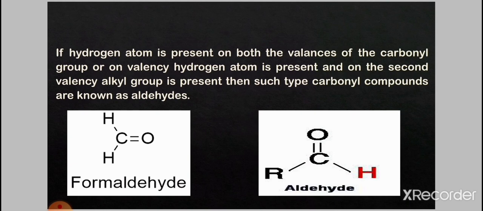This is an example of an aldehyde, formaldehyde. How to recognize it? A carbonyl compound is an aldehyde if it is always present at the end of the carbon chain.